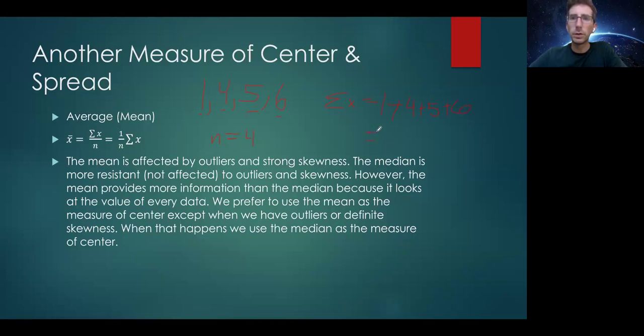If you add all these together, we get 16. Now we just take the 16 and divide it by the 4. We can say our sample mean, or our sample average, is just 16 divided by 4, which equals 4. Pretty straightforward.